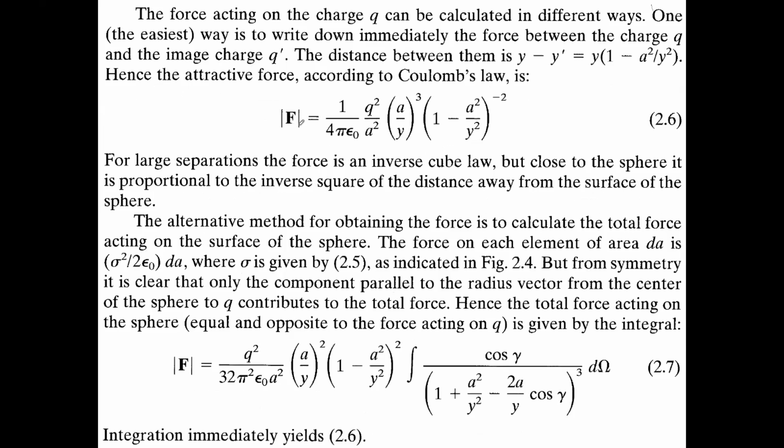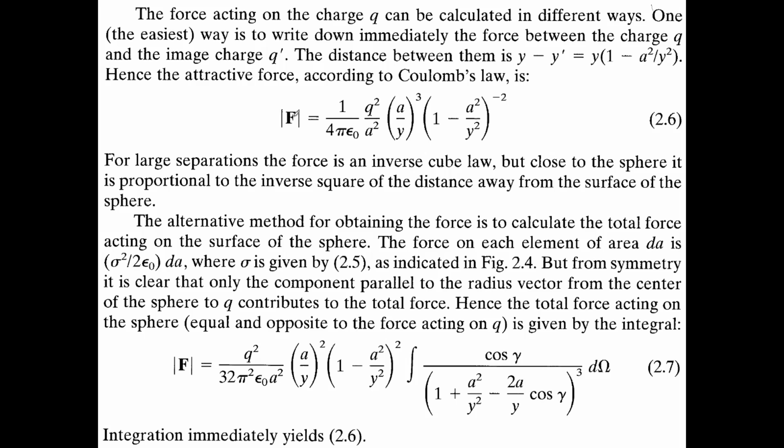If you want to calculate the force, that's also easy, because now you have two charges, one real and one imaginary. Remove the conductor, keep the charge and the imaginary charge.